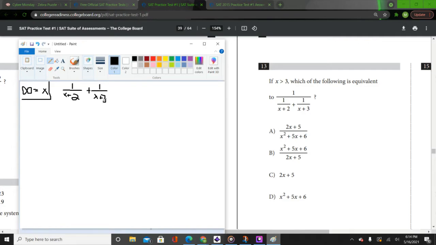Now what I'm going to do is multiply the left side, the 1 over x plus 2, by x plus 3, and multiply the right side, which is 1 over x plus 3, by x plus 2 over x plus 2.